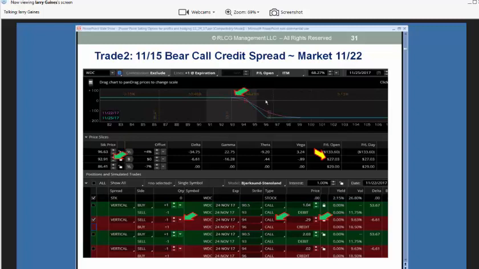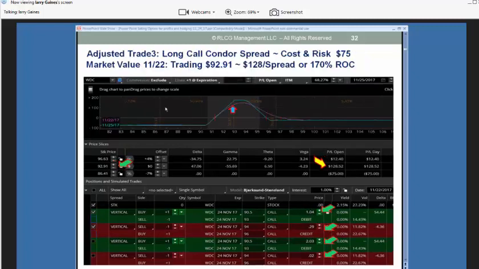We sold the 94, 96 bear call credit spread and brought in a $29 credit. That adjusted the trade down by the credit received, and now the risk of the whole trade structure was only $75. So we had a risk of 75 to the downside, and a risk to the upside of about 75 as well.